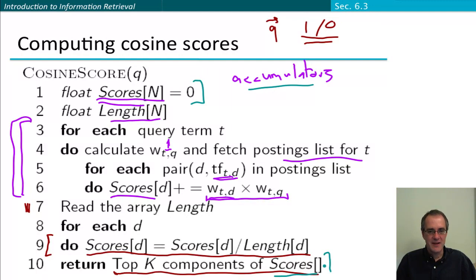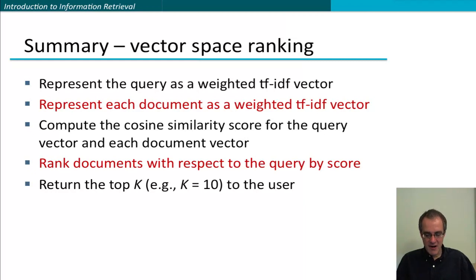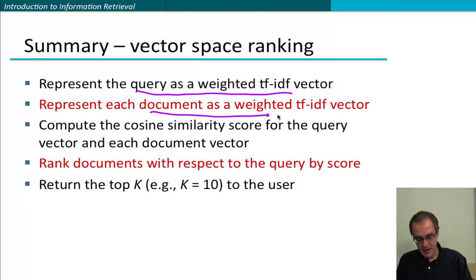So to summarize, the essence of what we've covered for vector space retrieval is the following steps: the query is represented as a TF-IDF vector, and the document is also represented as a TF-IDF vector.